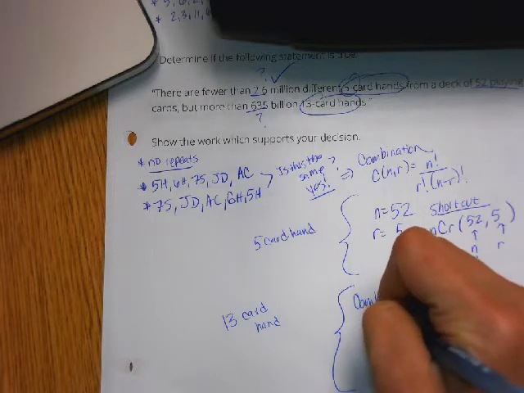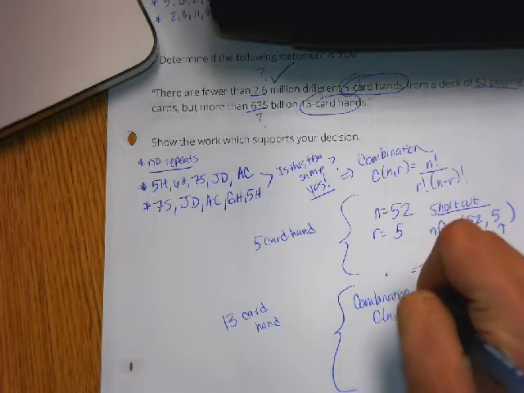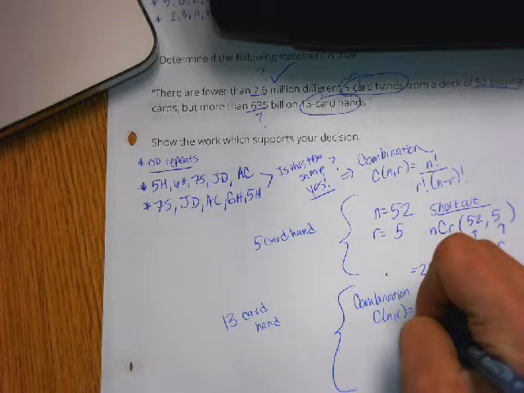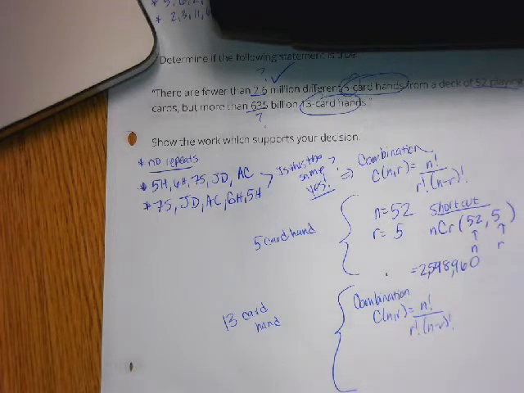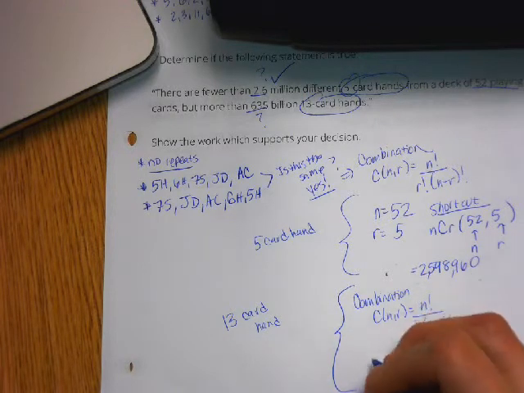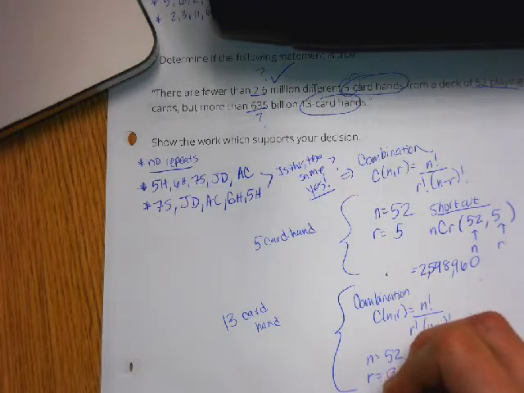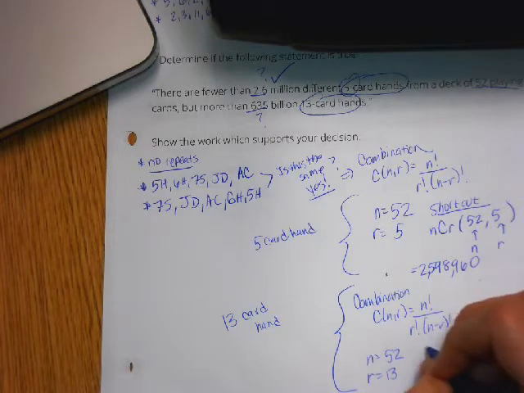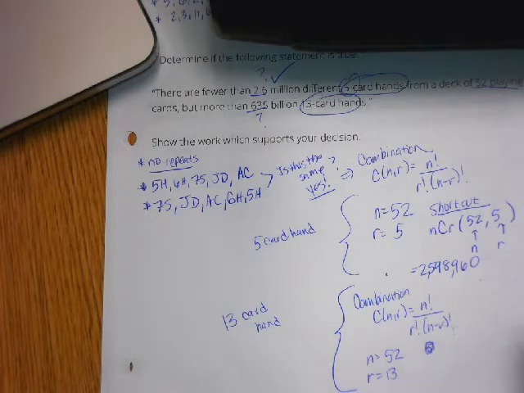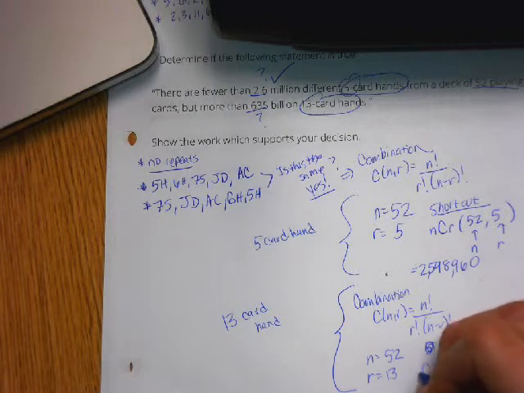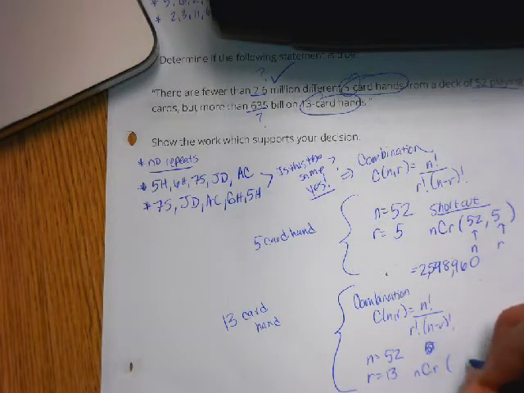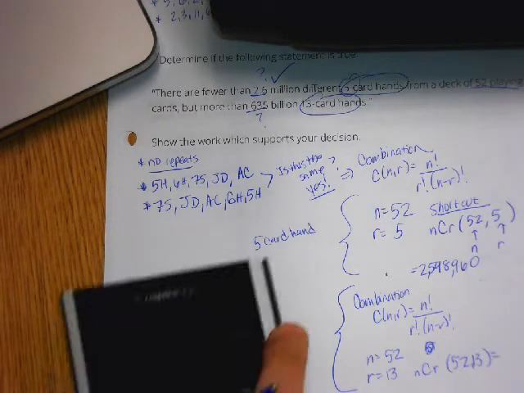If I have 13 cards and I rearrange some of them, it would still be the same hand. So I'm still going to do the combination. C of N comma R is N factorial divided by R factorial, N minus R factorial. N, I have 52 total. Now I'm choosing 13 of them.